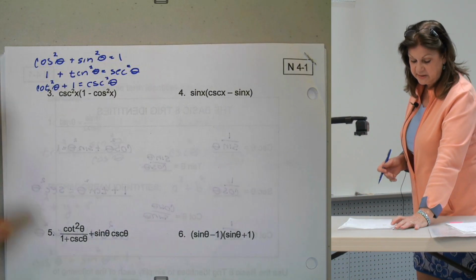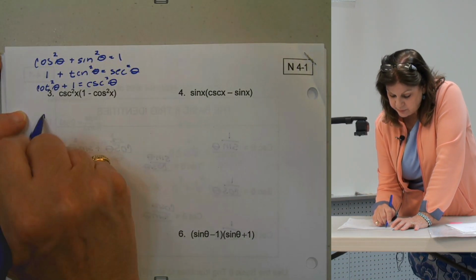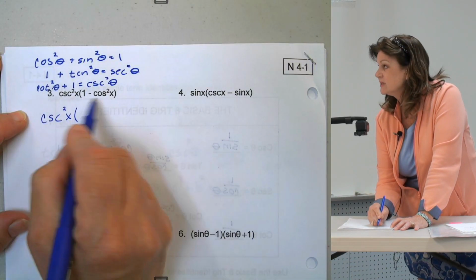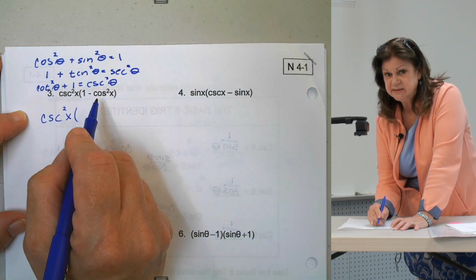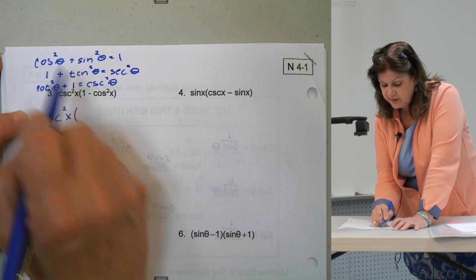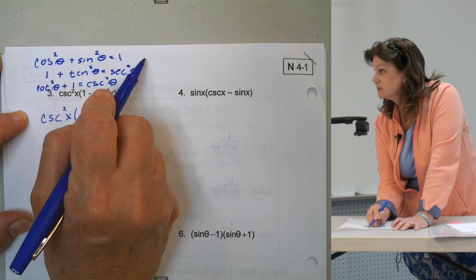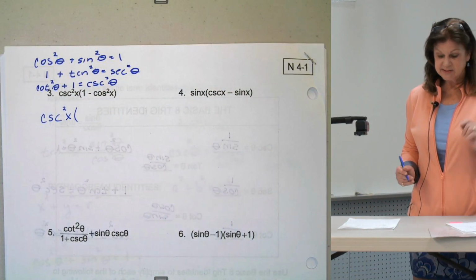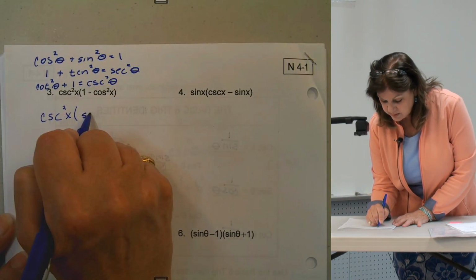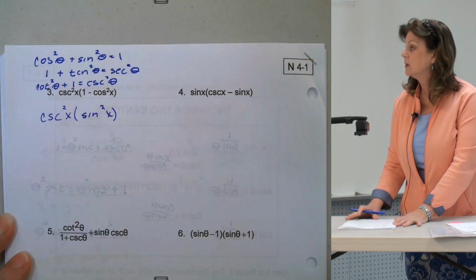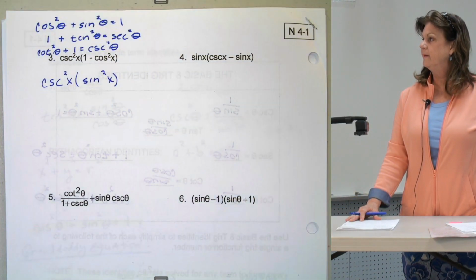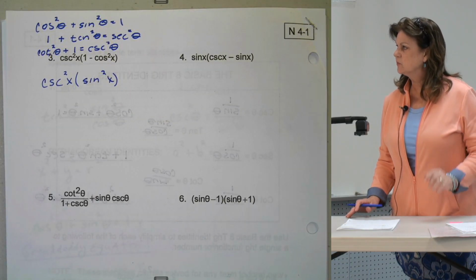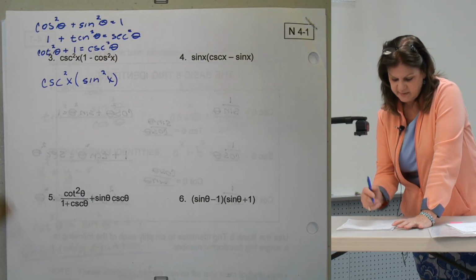All right, well, cosecant is what it is. So cosecant for now. But this 1 minus cosine is really suspicious to me. So I look up here. Well, if I move the cosine squared to the opposite side, 1 minus cosine squared is sine squared. Huh. We're making some progress here. So what is cosecant theta?